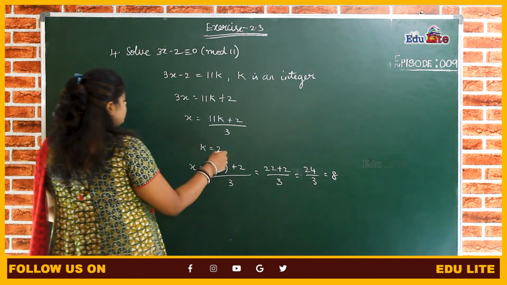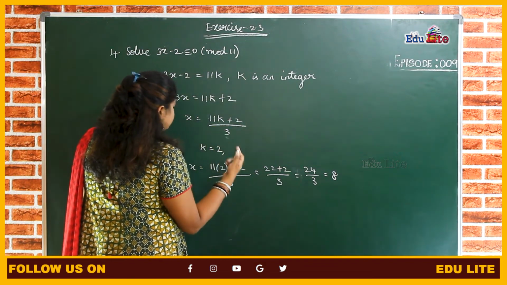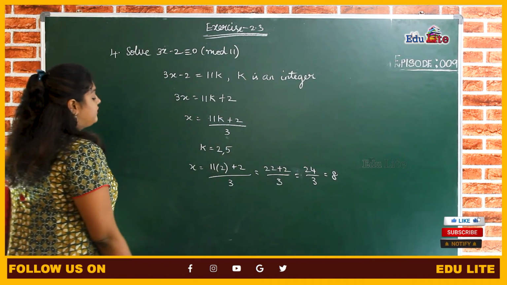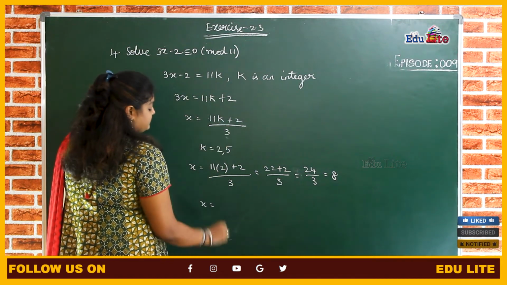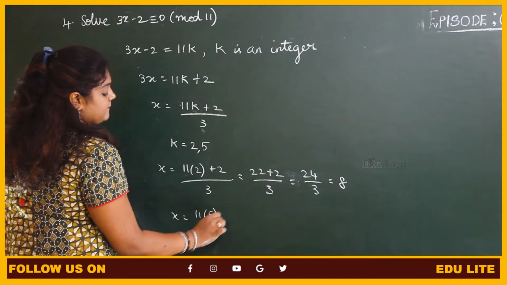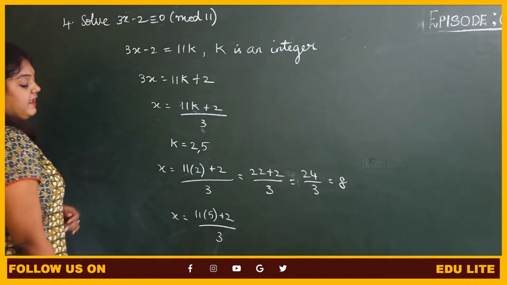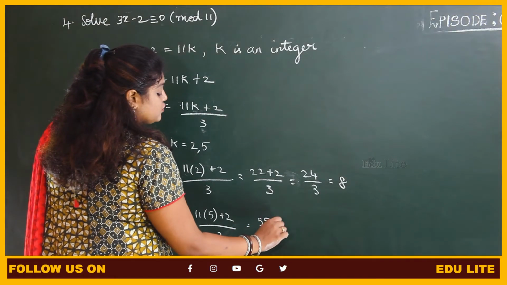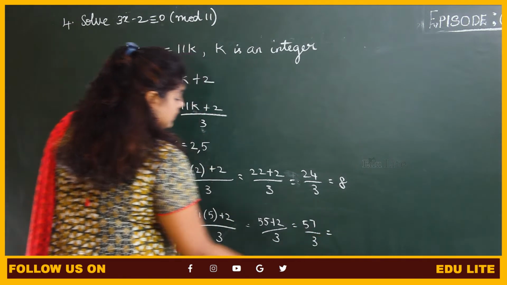Next, choosing 3, it will not be divisible by 3. Choosing 4, it will not be divisible by 3. Let us choose k value as 5. So x is equal to, substituting k as 5, 11 into 5 plus 2 divided by 3. 11 into 5, 55 plus 2 by 3, 57 by 3.